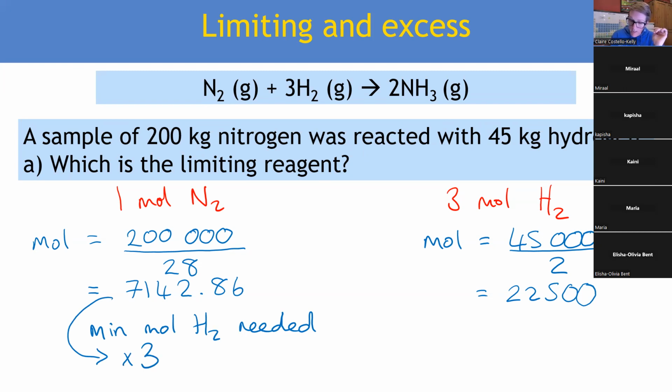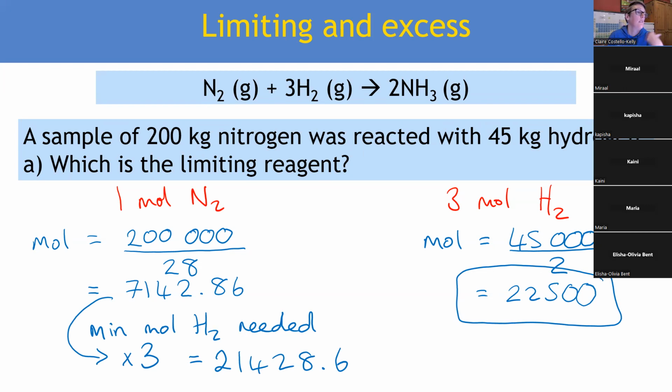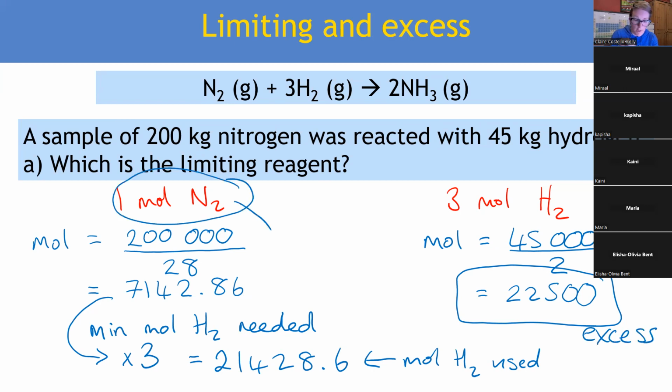And that would get me the minimum amount of hydrogen I need is 21,428.6. That is bigger than... 21,428.6. So that is the moles of H2 that is used up. And that means that my hydrogen is in excess, which means that nitrogen is limiting.